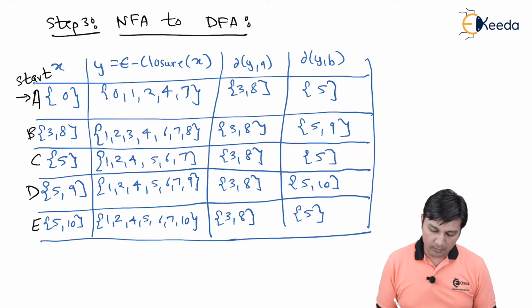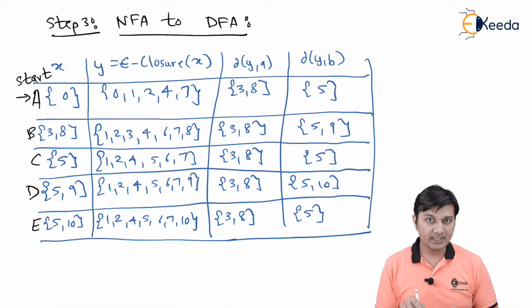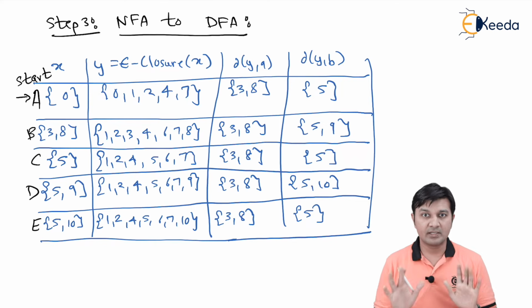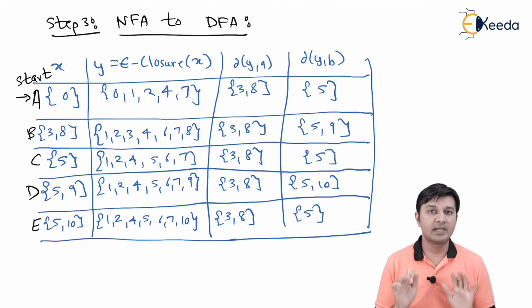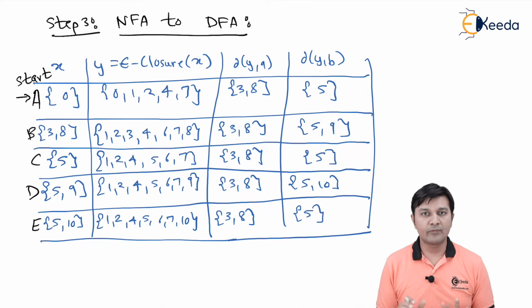In the X column, which all are the brace brackets having state 10 included? A does not have, B does not have, C does not have, D does not have, but E has 10 included. Of course, it does not have only 10, but we are not looking for that. We are looking for 10 to be included or not.